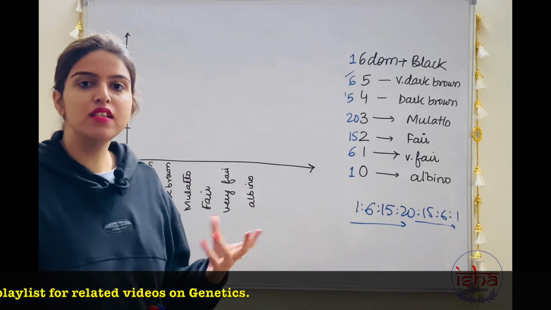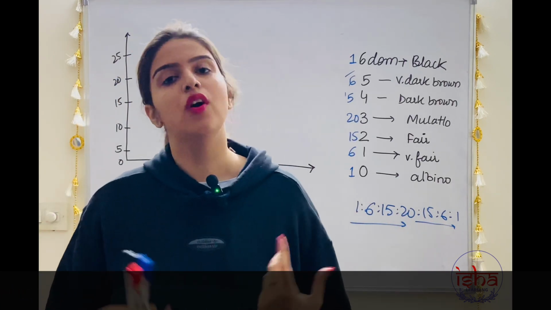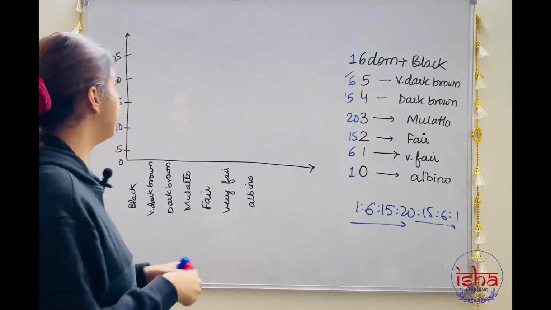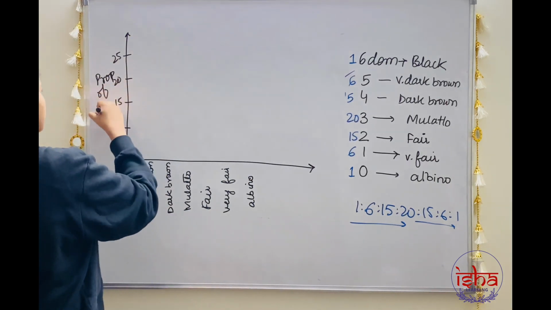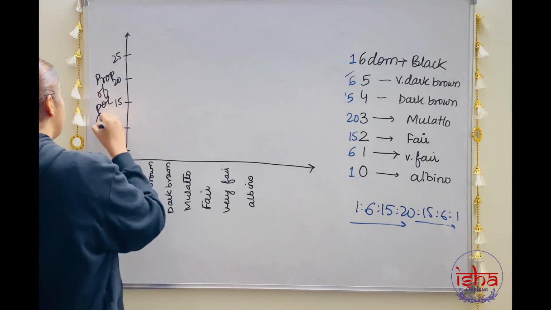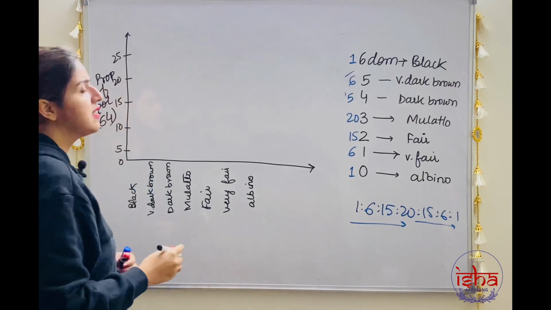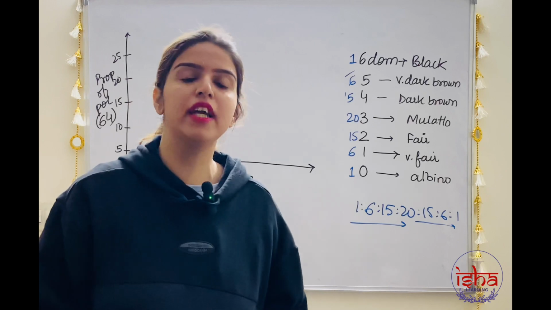So on the x-axis, I will have the skin color type, the spectrum of skin colors. On the y-axis, I am going to write the proportion of population. So my population was how much? It was 64. So my aim is, out of 64 individuals, how many individuals, let's say, of the albino type?